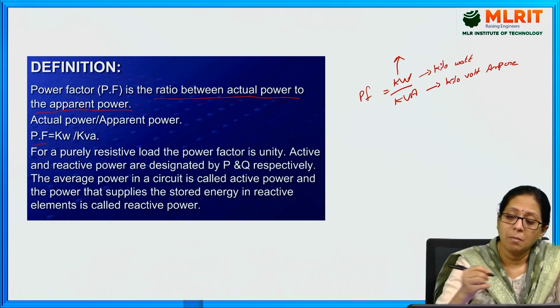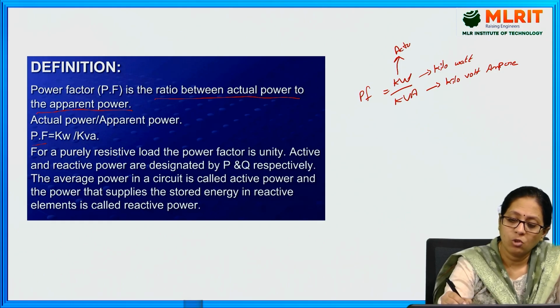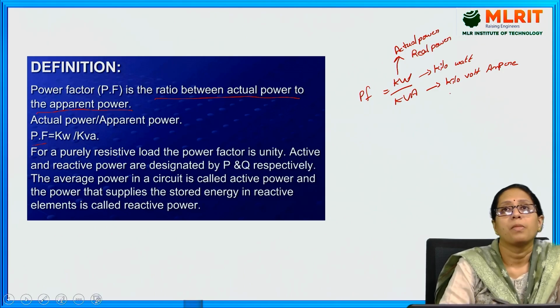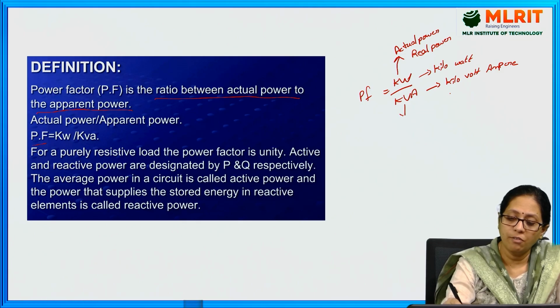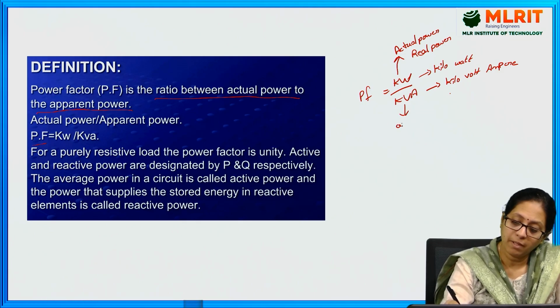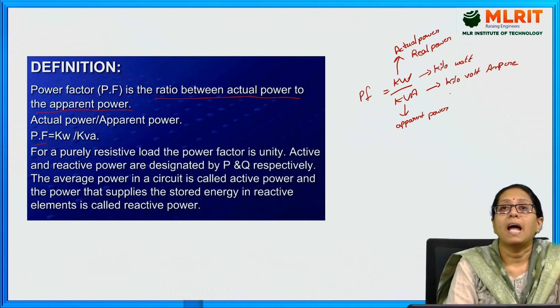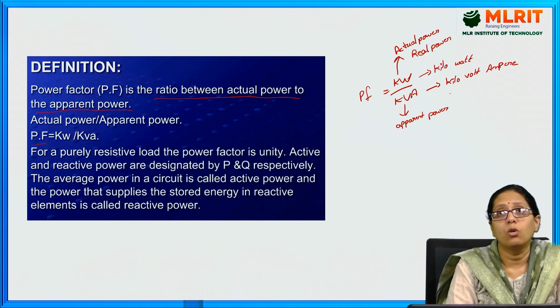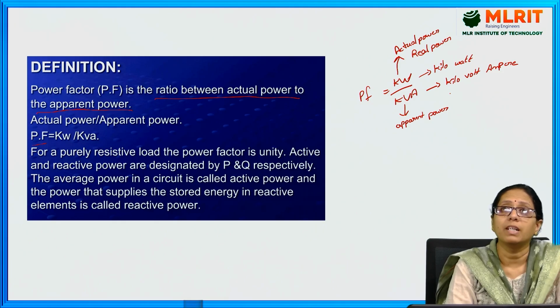Kilowatt is the measurement of actual power, or you can say real power, and the ratio is to the apparent power. So the actual power is measured in kilowatts and apparent power is measured in kilovolt ampere.